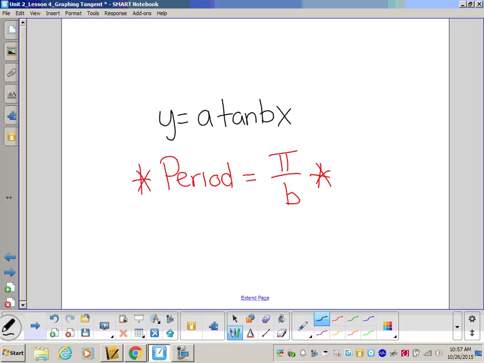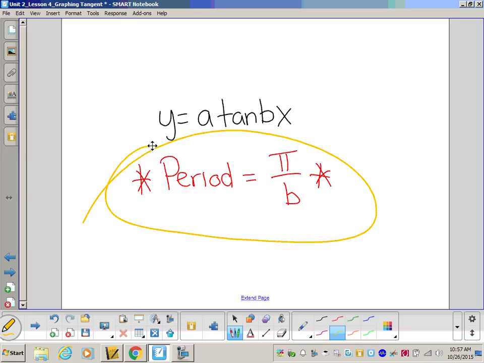So I put asterisks next to this, but I'll circle it too because the period is different for tangent than sine and cosine. The period's pi over b.